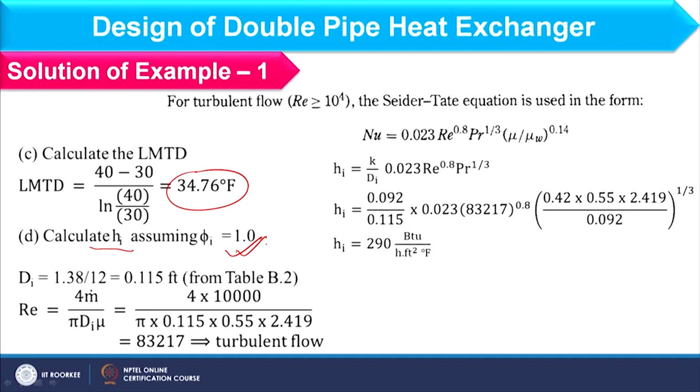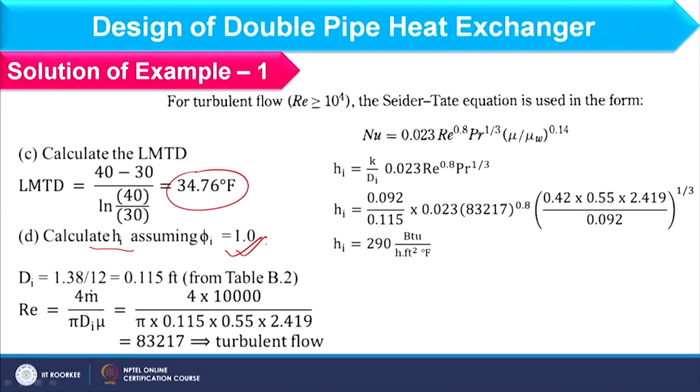Psi represents the viscosity correction factor, fine. I am considering it as 1 because right now I am not considering the viscosity correction factor. That I will calculate further and then multiply with the hi or ho, whatever we obtain.